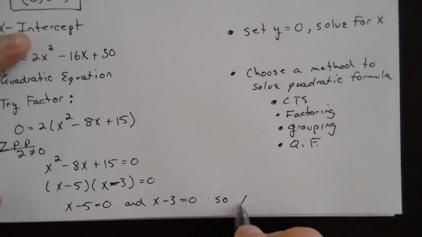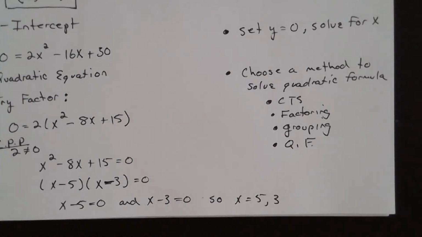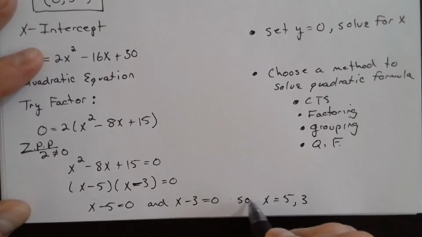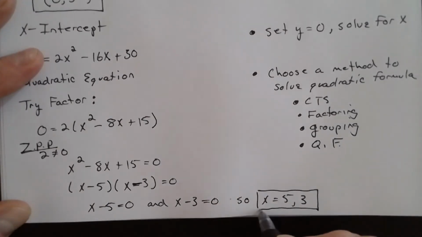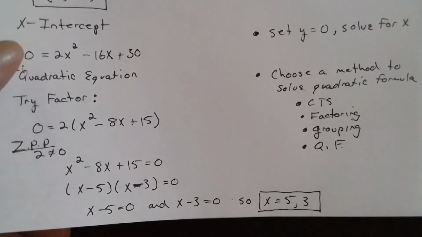So we have that x is equal to 5 and 3. So we have our vertex, we have our y and x intercepts. Do we have enough information to graph this?